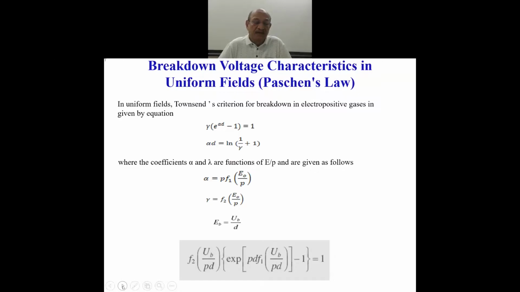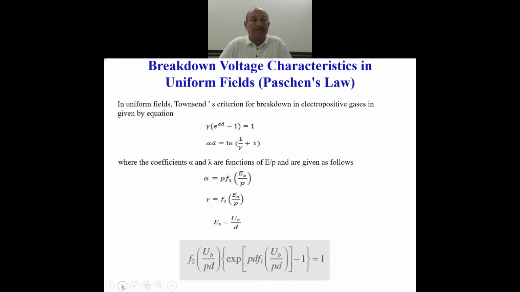It has been verified later. In fact, Paschen derived it for uniform field electrode systems for very small gap distance, but for slightly longer gap distance when the field is no more uniform, but still remains within weakly non-uniform field configuration, this law has been verified.